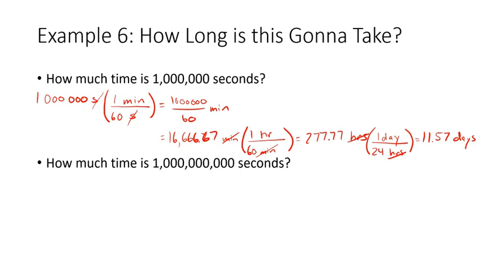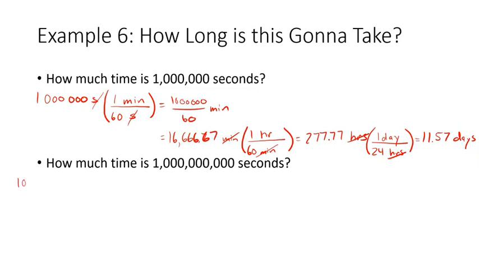Just as another example, let's determine how long or how much time is 1 billion seconds. And again, we're just going to convert this to convenient units. This is just an example to show you how unit conversions work with simple units like time before we do something a little more complex. So how much time is in 1 billion seconds?